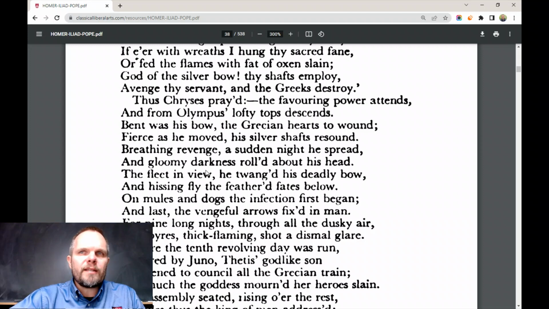Breathing revenge, a sudden night he spread, and gloomy darkness rolled about his head. The fleet of Greek soldiers in view, he twanged his deadly bow, and hissing fly the feathered fates below.